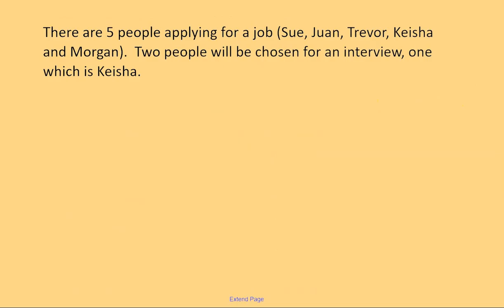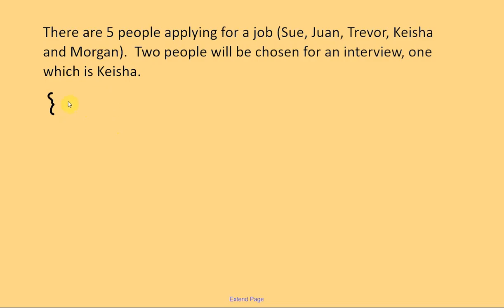Okay, let's write the event in set notation for this example. There are 5 people applying for a job: Sue, Juan, Trevor, Keisha, and Morgan. 2 people will be chosen for an interview, one of which is Keisha. So that means Keisha has to be in every pair. So the event would contain, I'm just going to use the initials of the people that would be in the set.